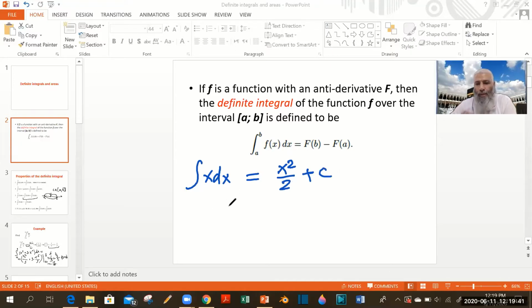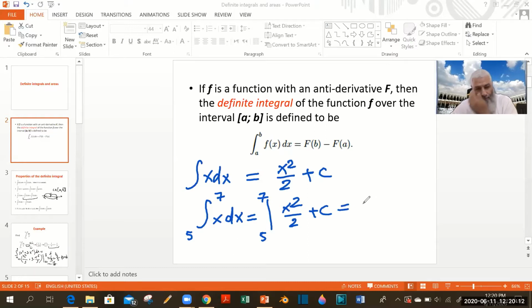So now, if we have the integration from 5 to 7 of x dx, this is x squared over 2 plus c, from 5 to 7.